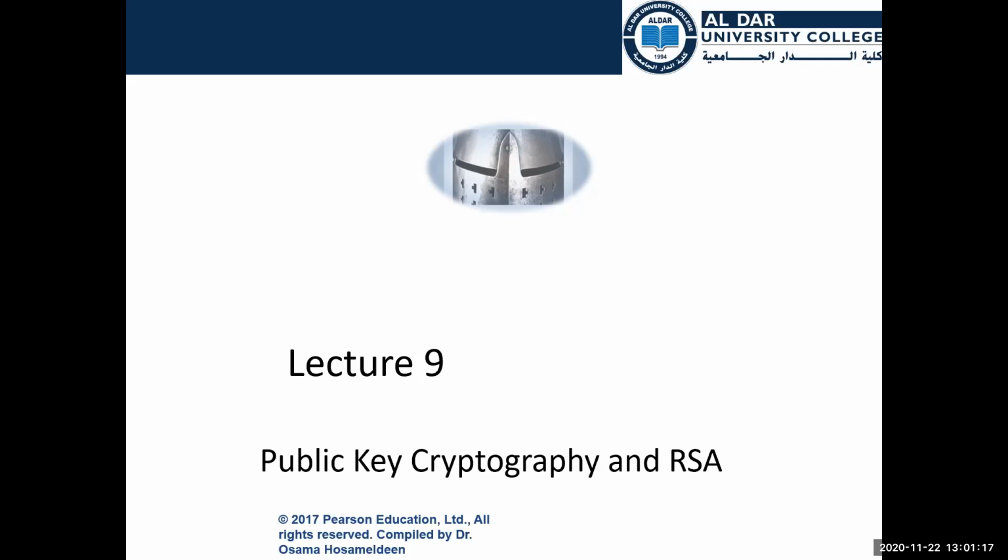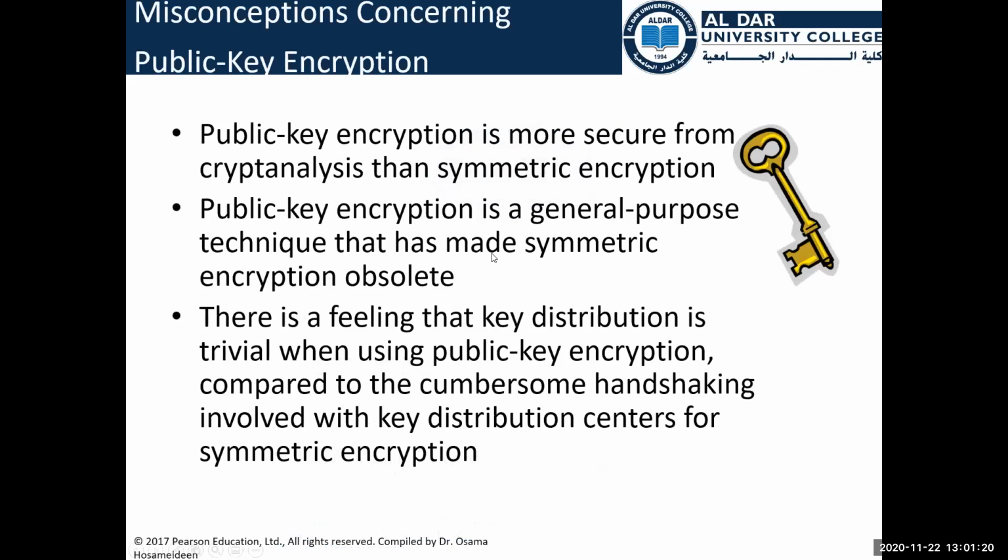As we have seen before, transferring a key is a disaster because the hacker can capture the key and then take all the data in the session. If he knows the key, he can decrypt all the data. So public key cryptography involves no transfer of the keys. And of course, this is going to be more secure against cryptanalysis compared to symmetric key encryption.